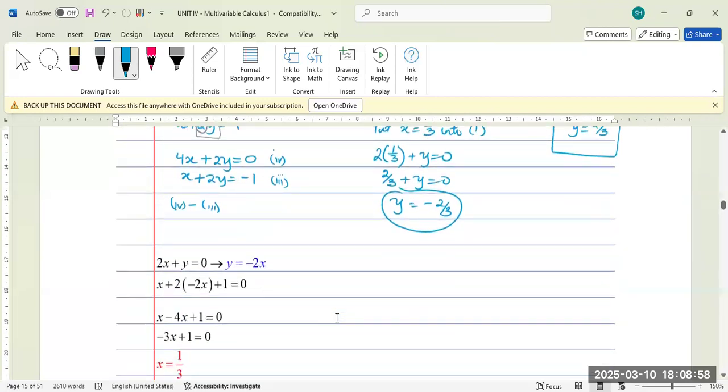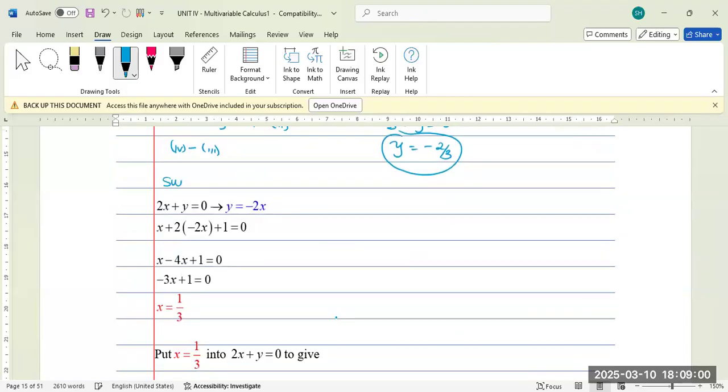If I was doing the substitution method here, I would transpose this equation to give me y equals negative 2x. And then I'm going to put y equals negative 2x into the second equation.